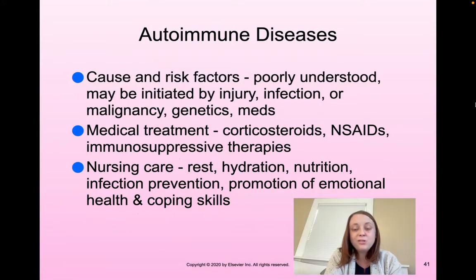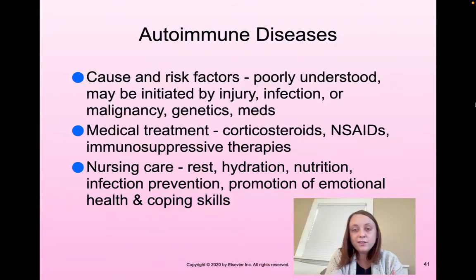We talked about autoimmune diseases just a tiny bit earlier. What happens in these cases is something activates the immune response in the body against itself. So, for whatever reason, the body starts to recognize itself as a foreign body that needs to be rid from the body.